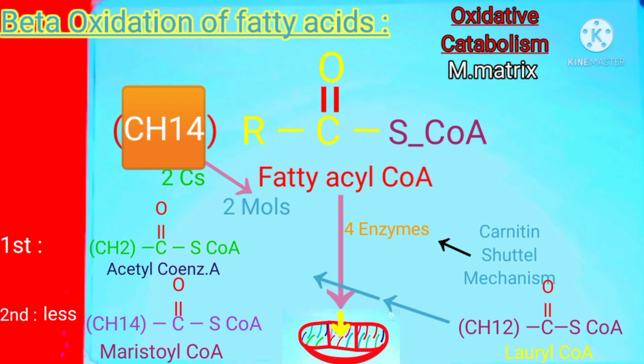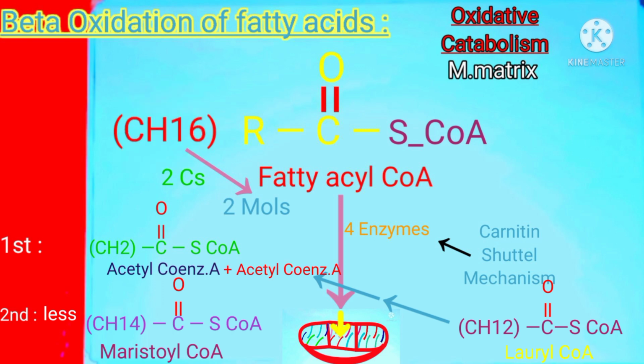This also leads to the production of a new molecule of acetyl CoA. With every cycle of beta oxidation, the fatty acid side chain becomes shorter. Palmitoyl CoA, when fully metabolized by these four enzymes, then provides 8 molecules of acetyl CoA.